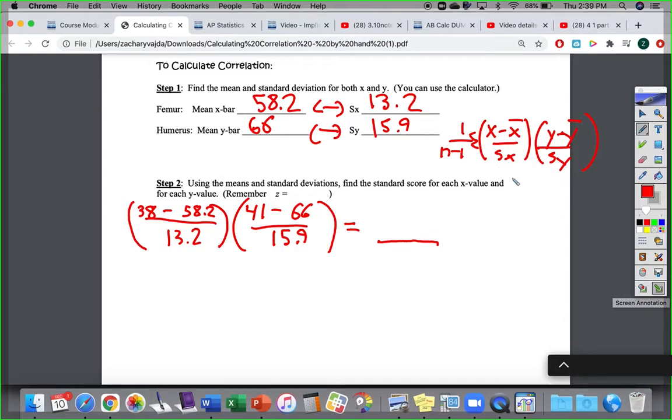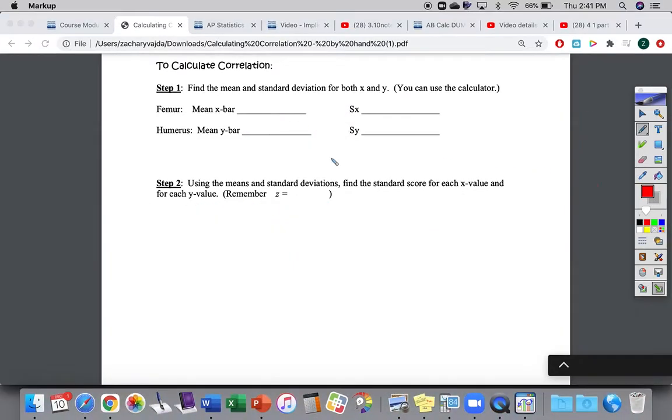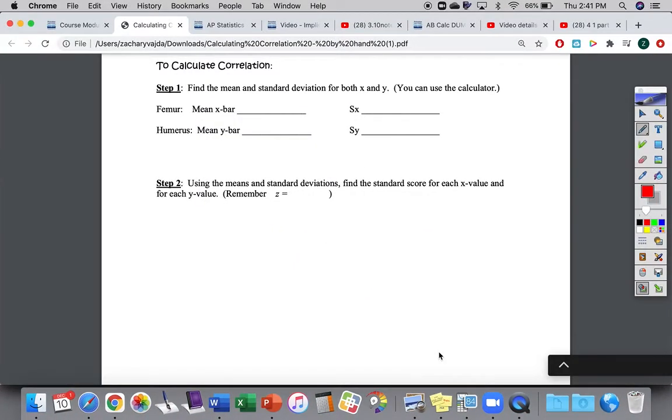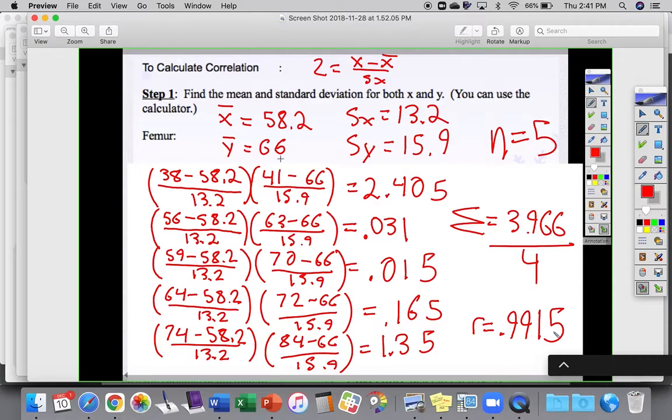I'm not going to write all this live, so I pre-wrote it so everyone can see it and I don't have to take all of your time writing this out live. So let me pull up here in preview. Here we go. So to recap, I found the same x bar, sx, y bar, sy. There were 5 data points, so my n is equal to 5. What am I doing here?